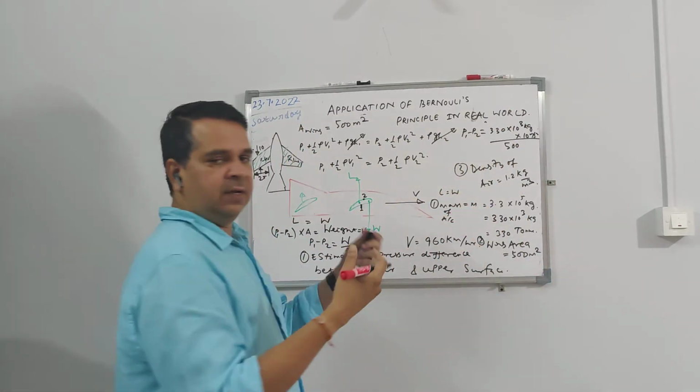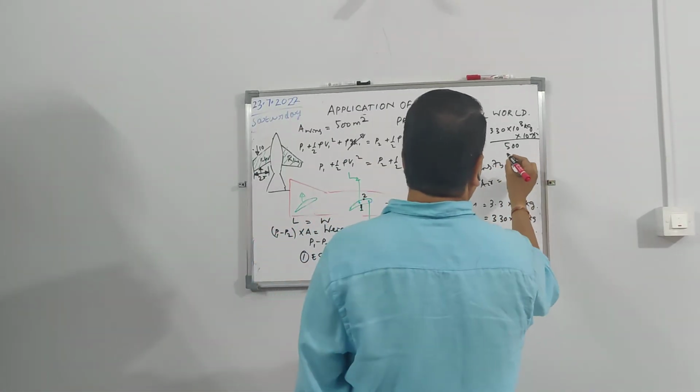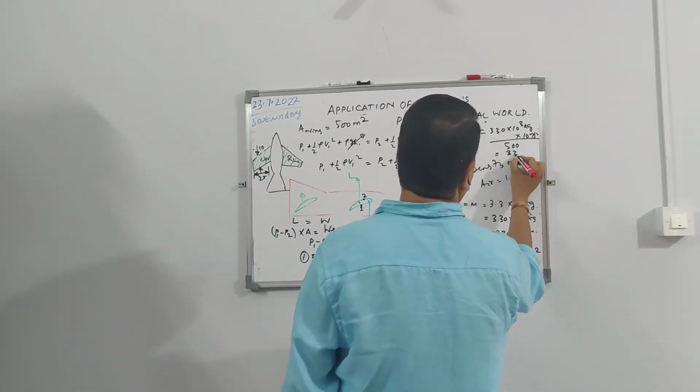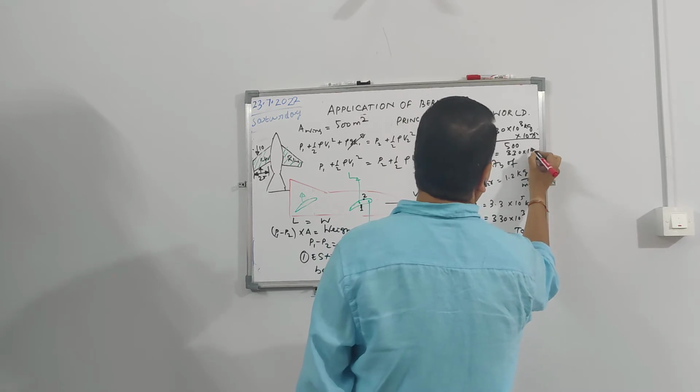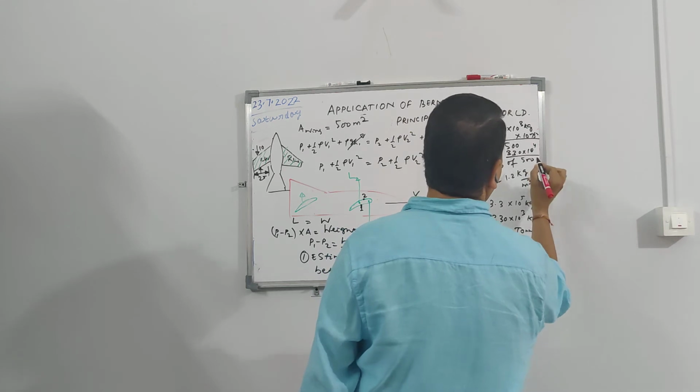So this becomes Newton, and the denominator becomes meter square. Finally it will become 330 into 10 to the power 4 divided by 500, right?